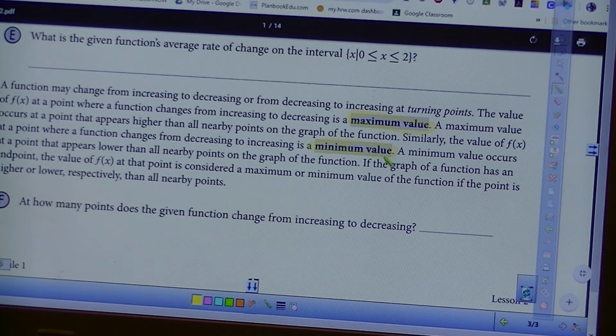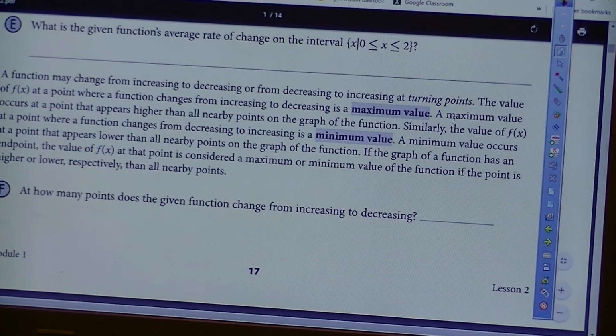Seems to make sense. Watch out though. They put a little tricky thing in here and said, well, this only happens when you have turning points. Only happens when you have turning points. Okay? So this is interesting. Let's go back up to the top here. Okay? And let's see what we find out.